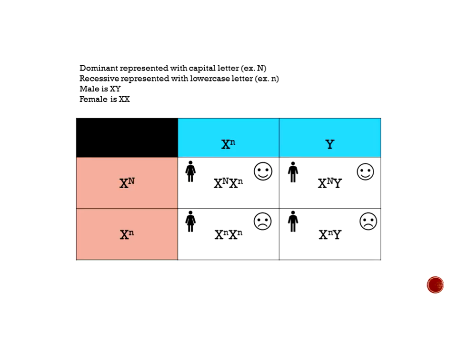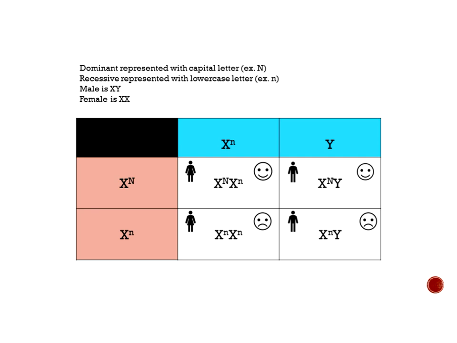So let's take a look at that and how that Punnett square works. So remember that dominant alleles or genes are going to be represented with a capital letter. So for this instance, we're going to put in a capital N. Usually it's the first letter of the actual gene you're looking at.